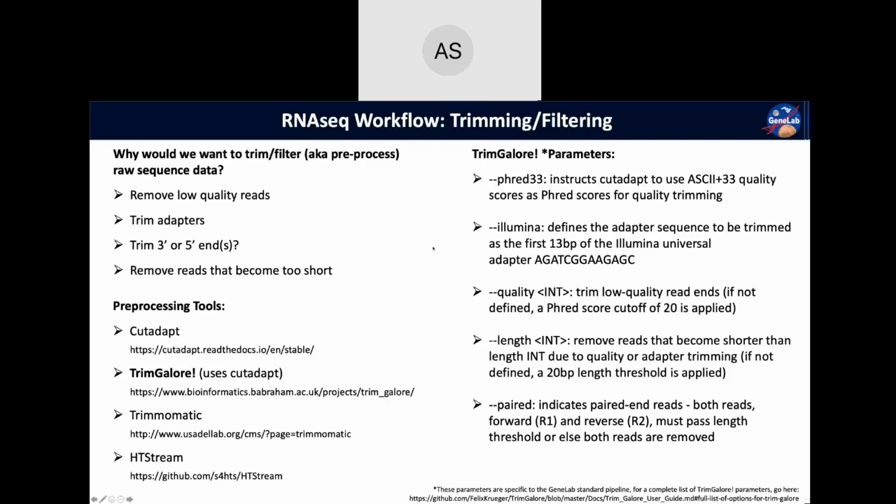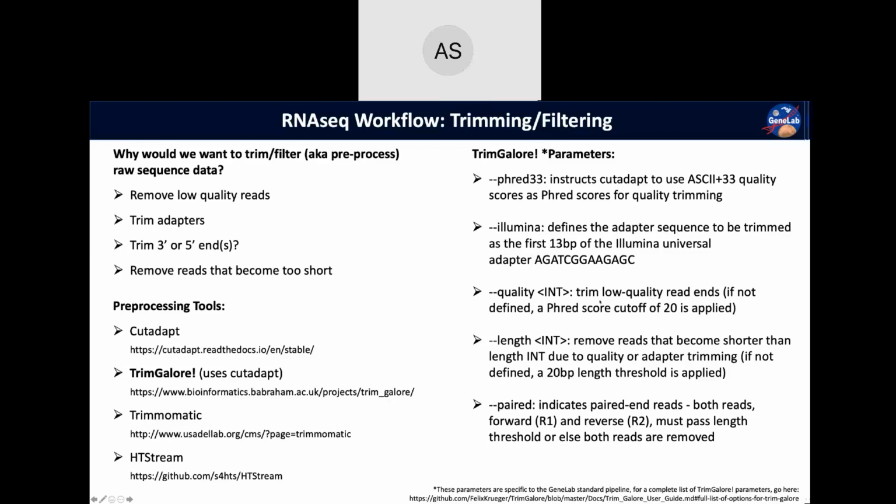We also want to tell them what adapter sequences to look for. These tools come embedded with common adapters for platforms commonly used for sequencing. They have built within them Illumina adapters, since most people sequence on Illumina instruments. So we'll tell it to look for Illumina adapters when it's removing adapters.